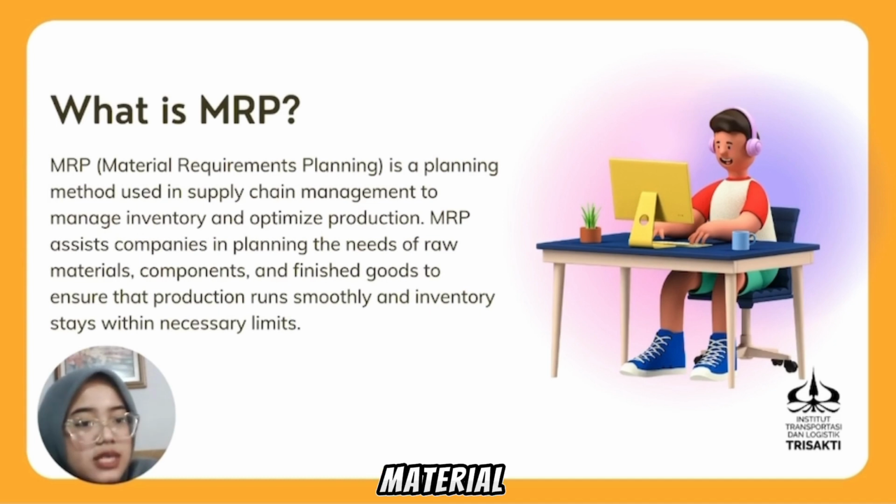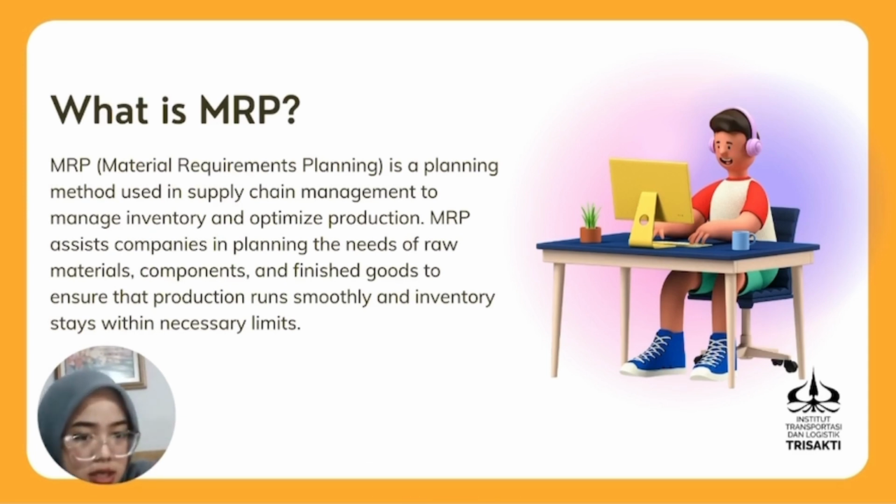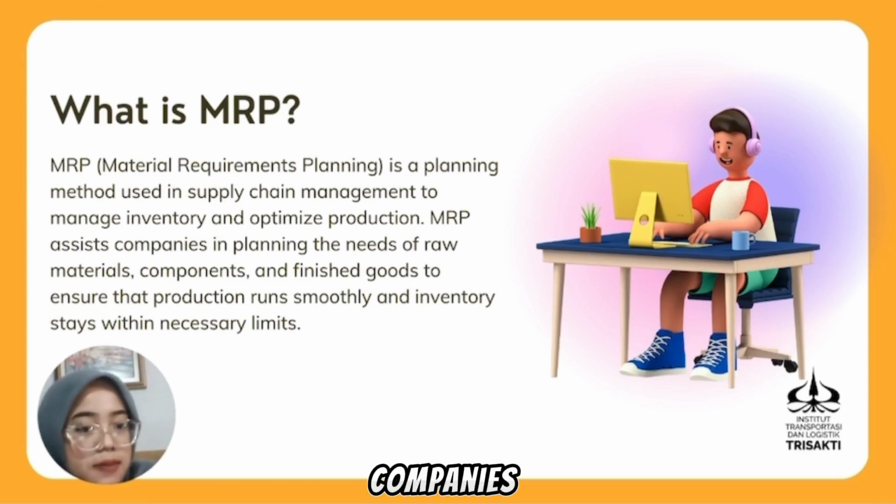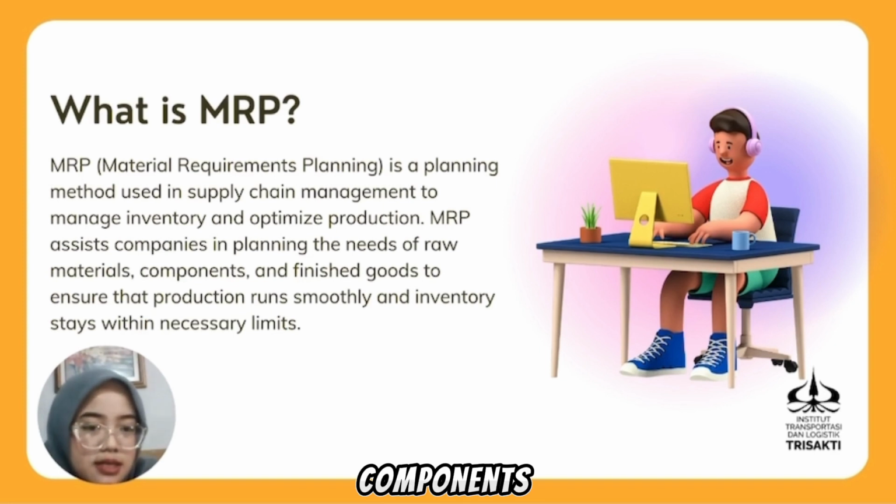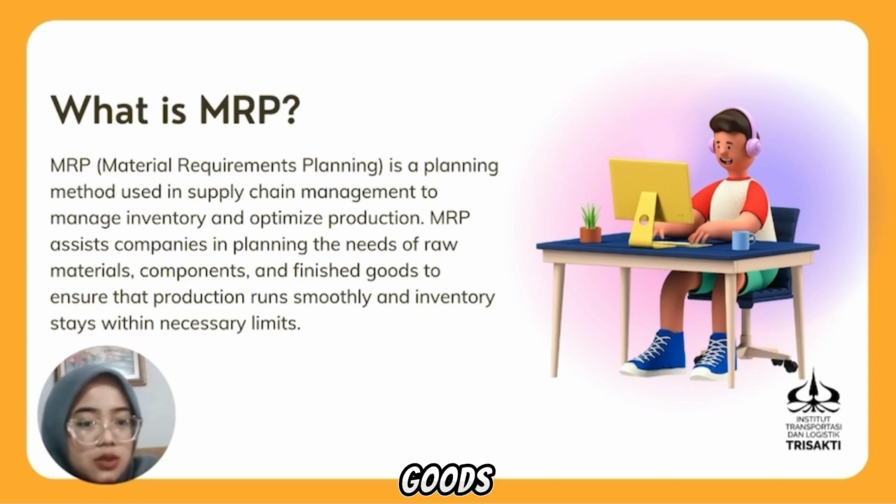MRP, or Material Requirement Planning, is a planning method used in supply chain management to manage inventory and optimize production. MRP assists companies in planning the needs of raw materials, components, and finished goods to ensure the production runs smoothly and inventory stays within necessary limits.